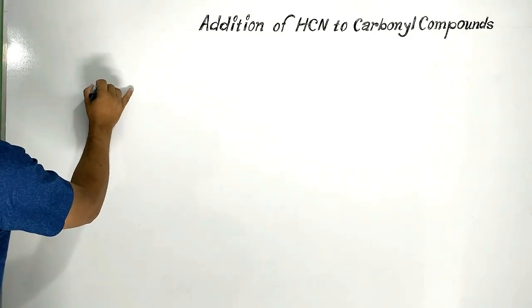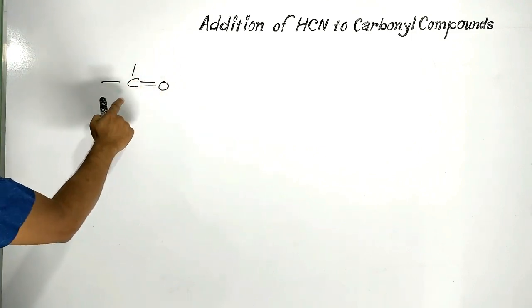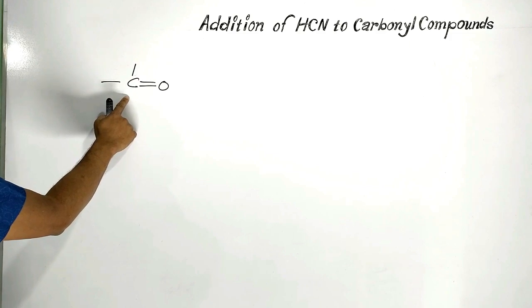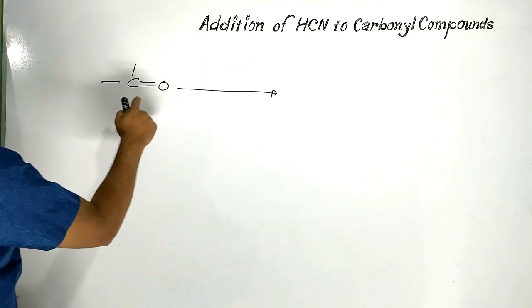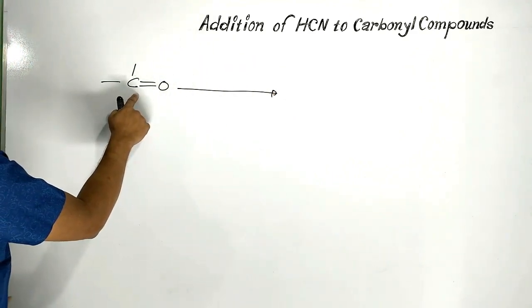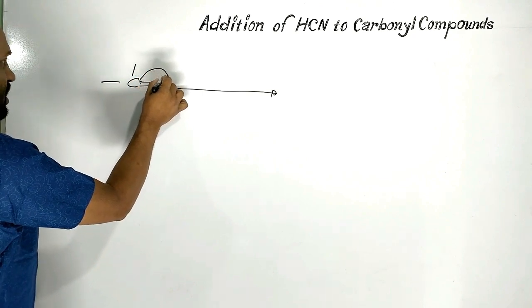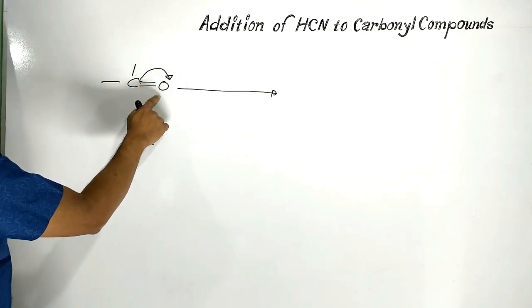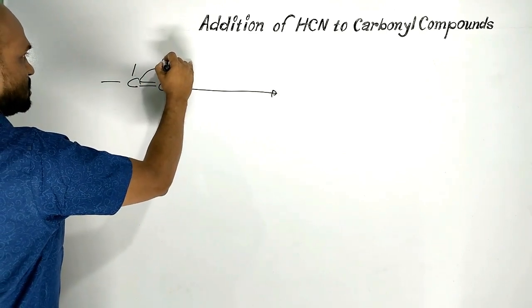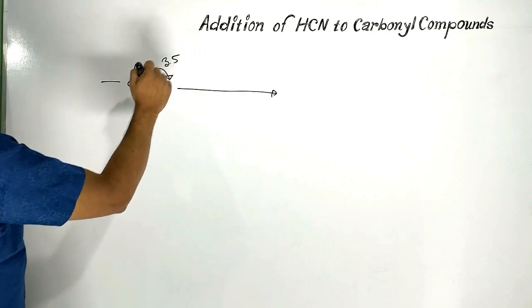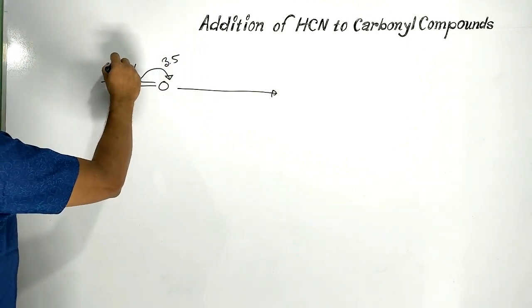Carbonyl compounds. This is the functional group of carbonyl compounds. This carbonyl group gets polarized in this way. Pi bonded electrons move towards oxygen because electronegativity of oxygen is 3.5, but electronegativity of carbon is 2.5.